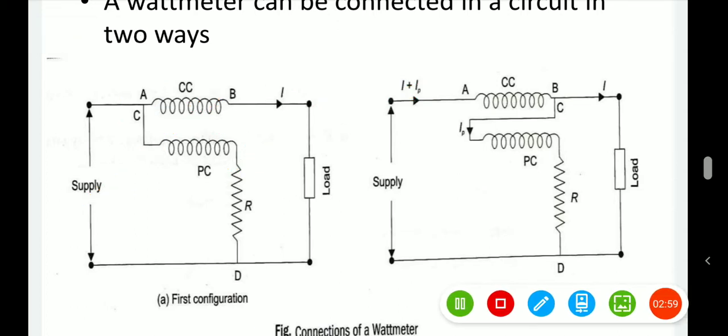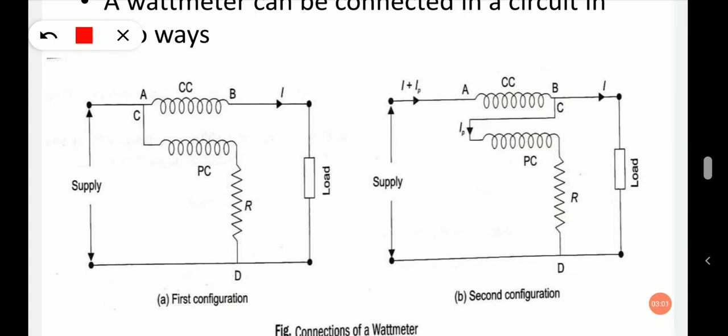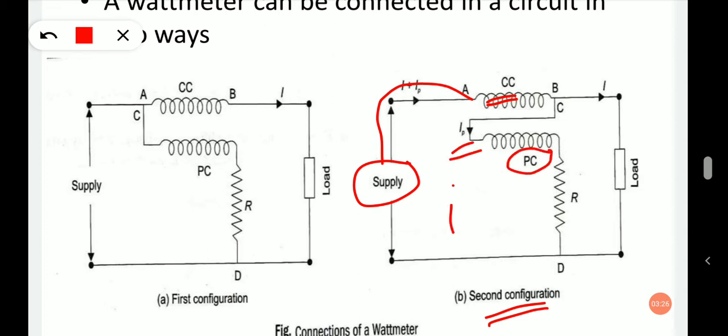Now we will see the second configuration. The figure shows that the current coil is connected at the supply side, and hence the current coil carries a larger current than the load current, by an amount equal to the current drawn by the pressure coil, that is IP.